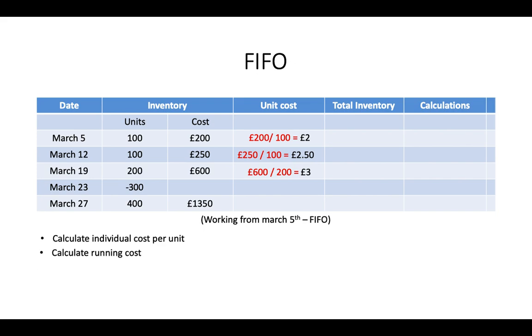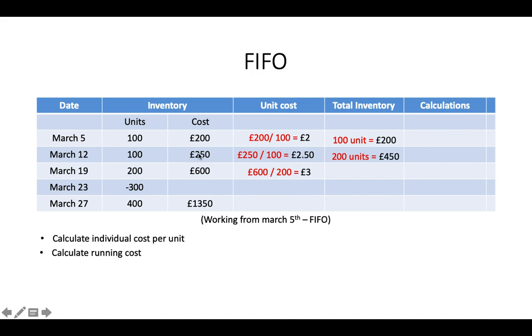Next, we're going to do a running tally, the overall amount of stock that we have and the overall amount that it has cost us. So March the 5th is pretty simple. We already know 100 units, £200 worth of value. On March the 12th, we added in another 100 units, so it gave us 200 units overall.